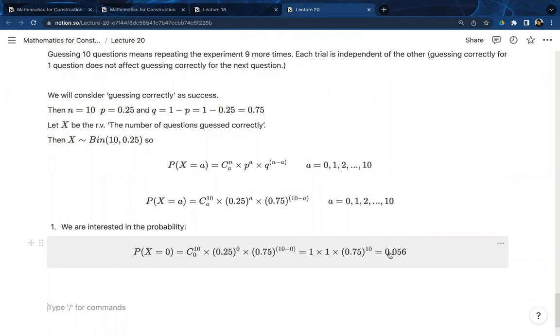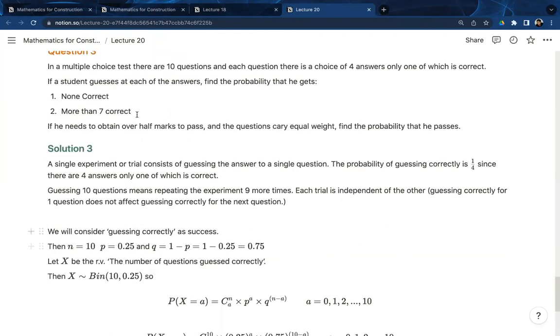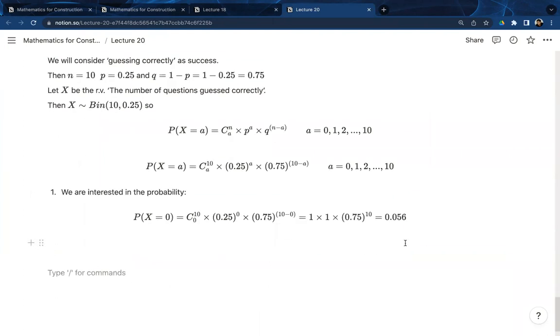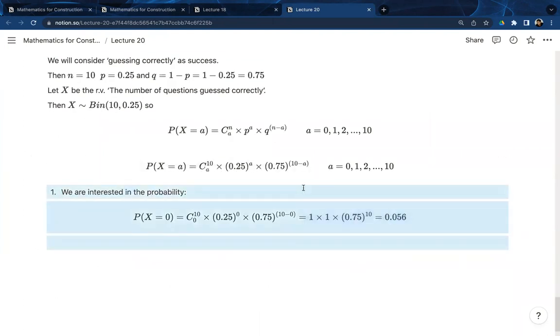It could happen, but it's kind of small, right? You're bound to get one question correct. The more questions there are, you're bound to get one question right. Okay. Where's the next one? More than 7 correct. What is more than 7?